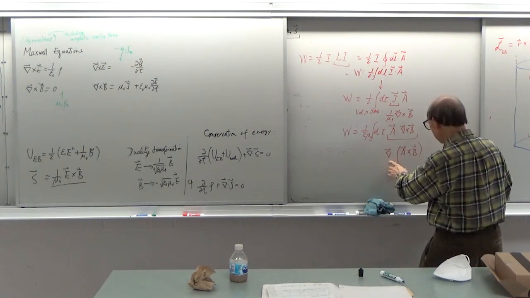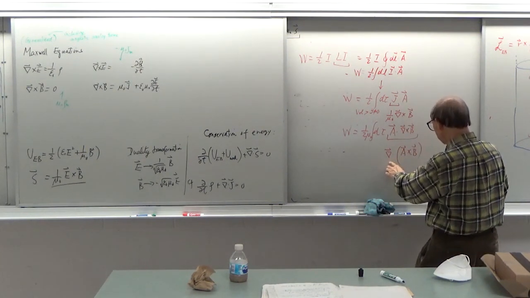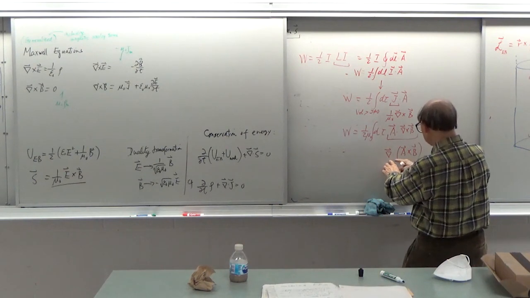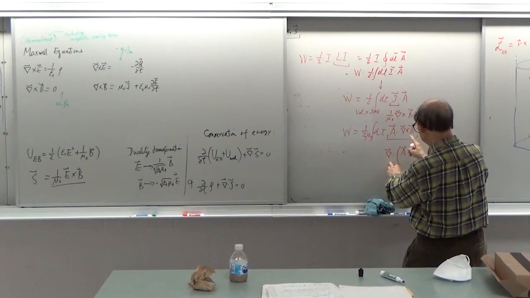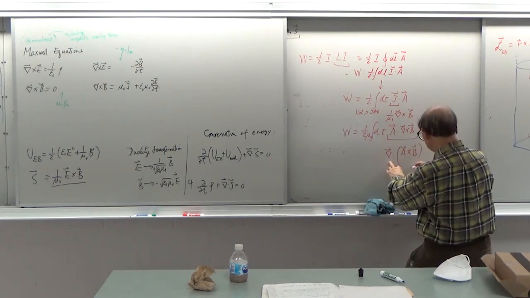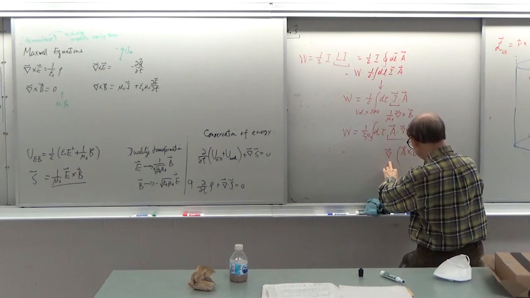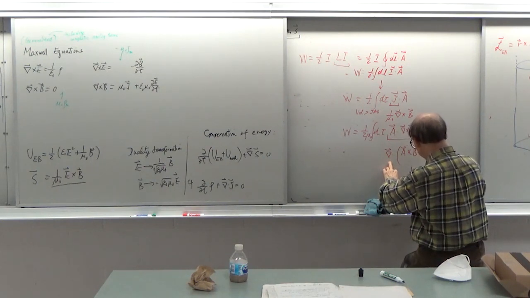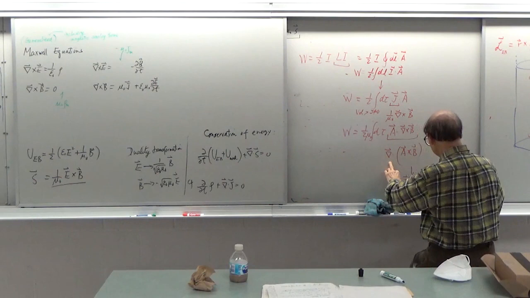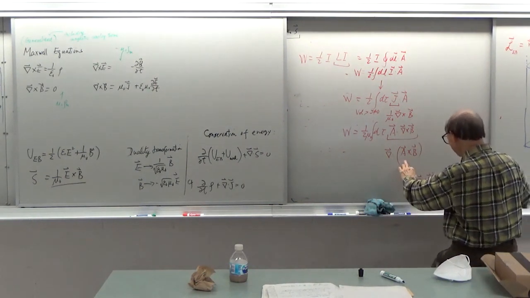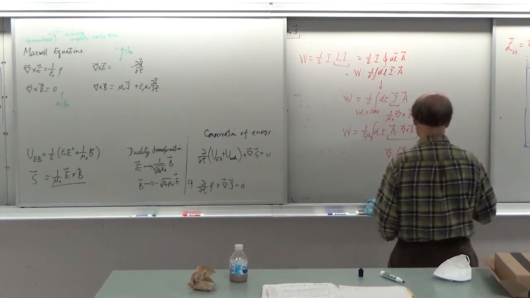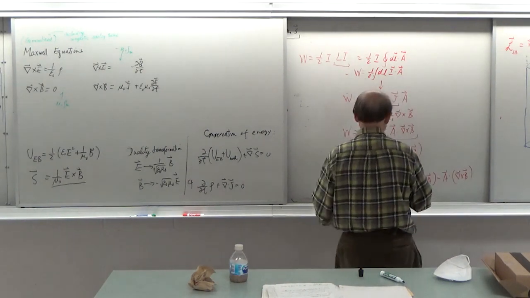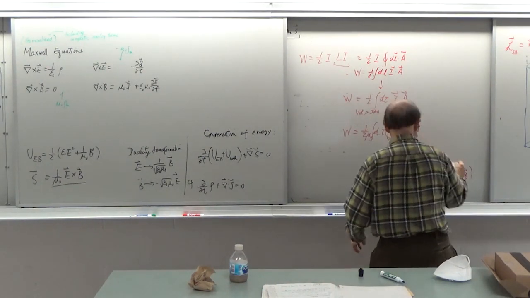This acts on both A and B, so this will have a term, B dot curl A, minus A dot curl B. So there will be two terms.